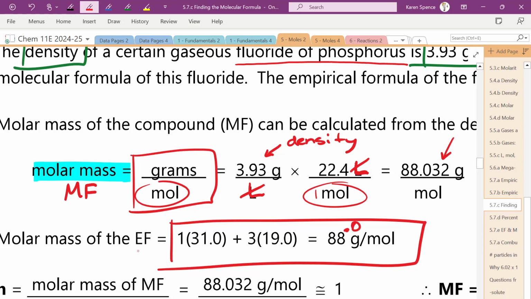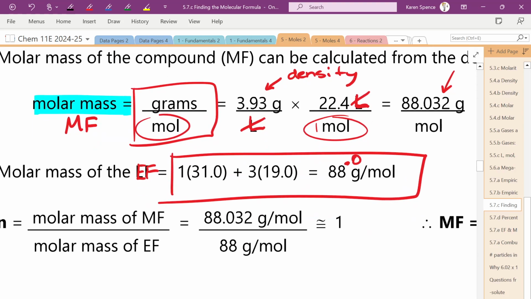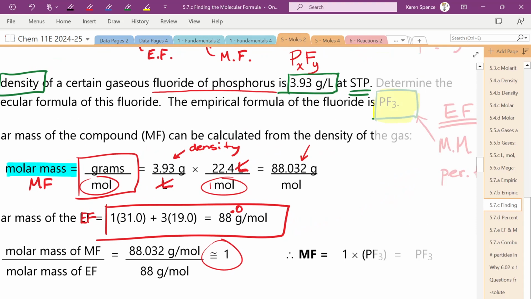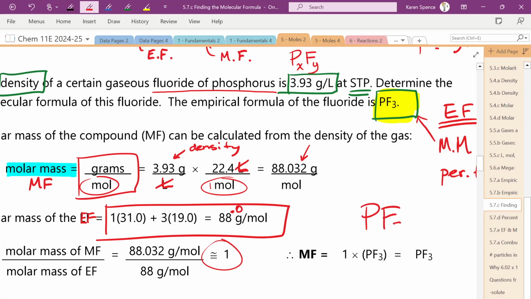This is our molar mass of our empirical formula. Take the molecular formula, divide by the empirical formula. Look, 88 divided by 88 is 1, or at least really close to 1. So the molecular formula will be the same as the empirical formula, PF3.